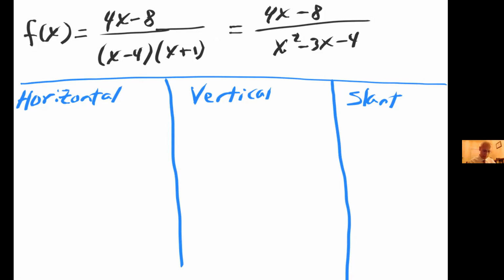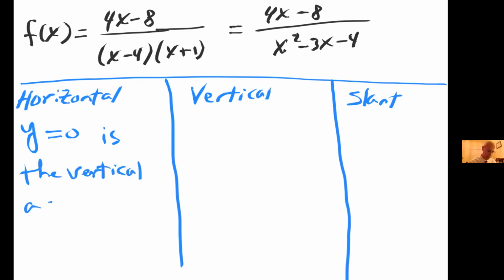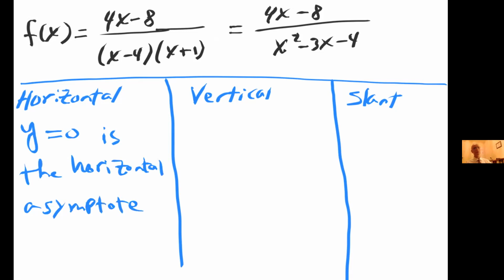So I conclude that y equals 0, the same as the x-axis, is the horizontal asymptote. Sorry, I said vertical at first; it is the horizontal asymptote.